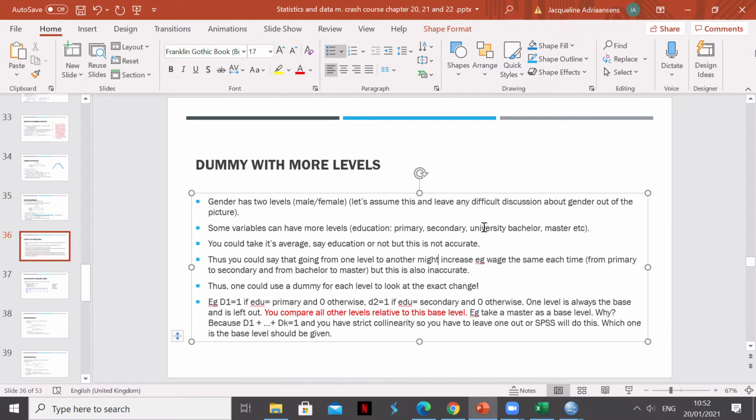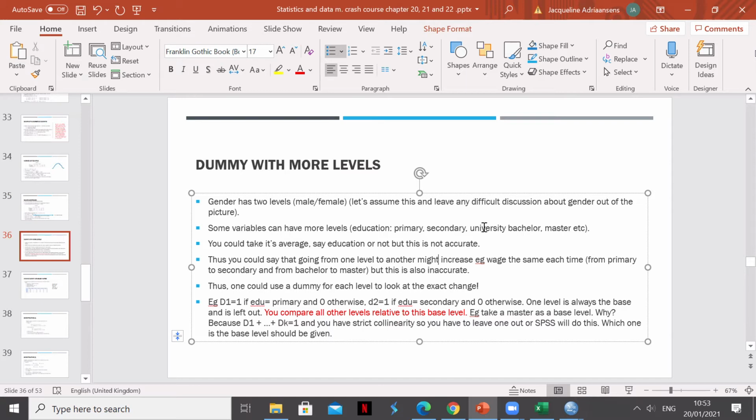And why would you leave it out? Because if you take all the dummies together, you get 1, which means that together they make the whole, and you get a strict collinearity.